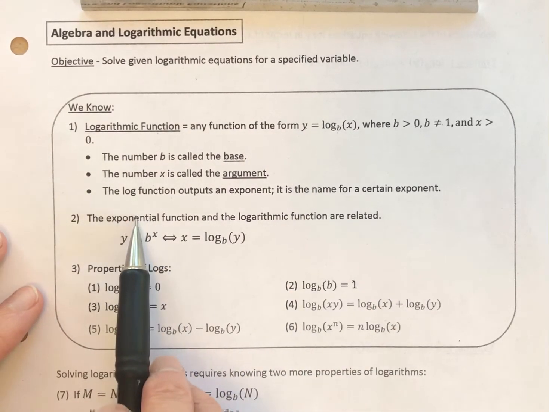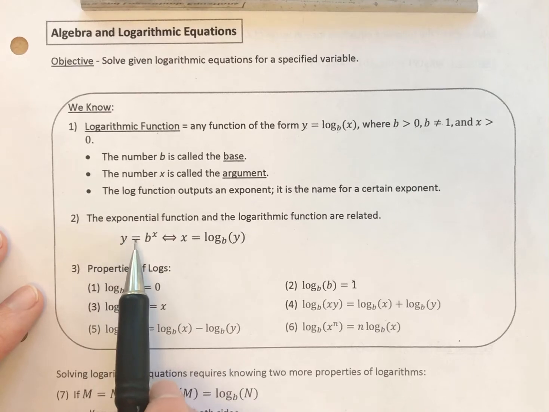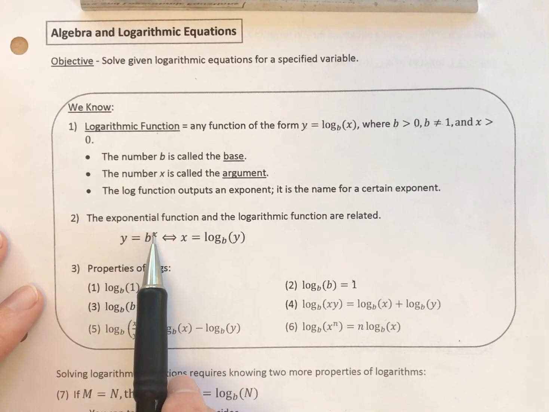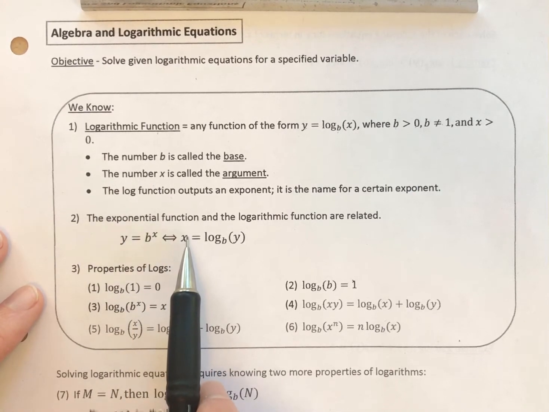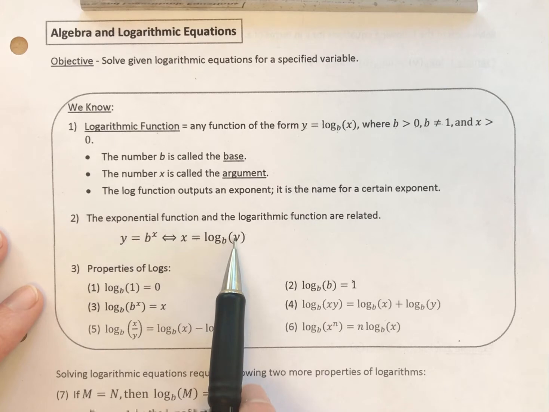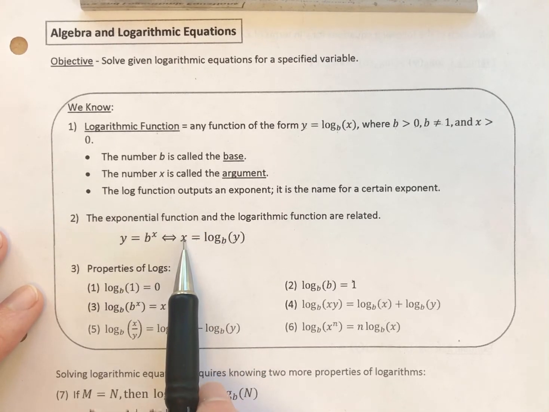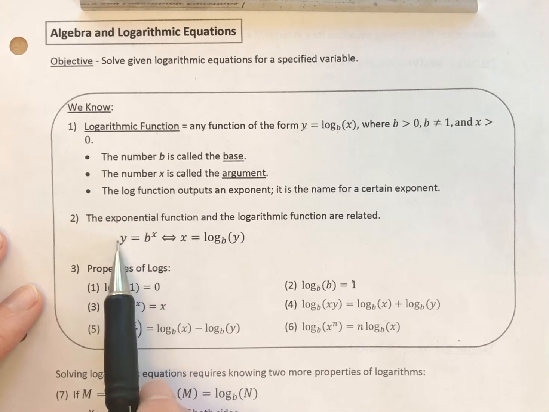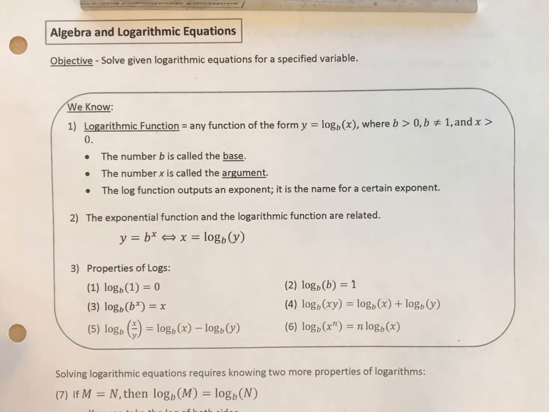We know that the exponential function y equals b to the x can be rewritten as a log function, x equals the log base b of y. Again, this log function outputs an exponent, which in this exponential equation is right here.